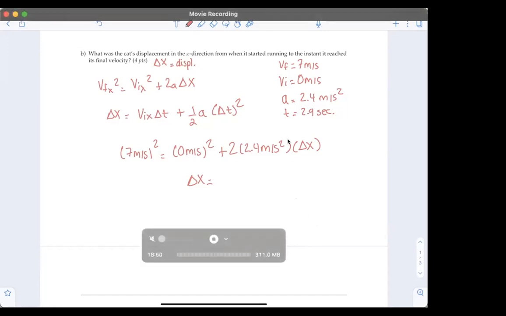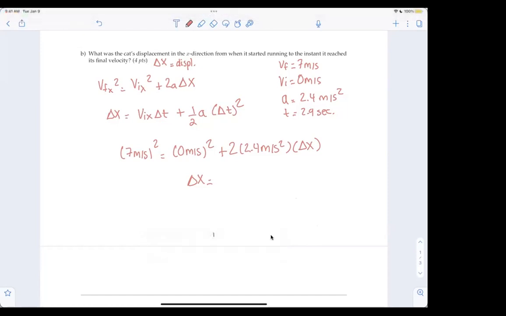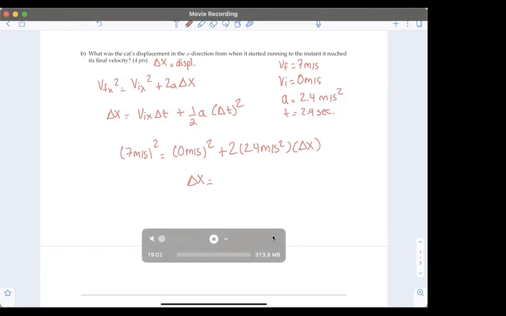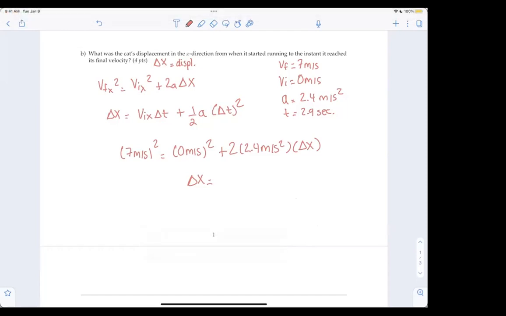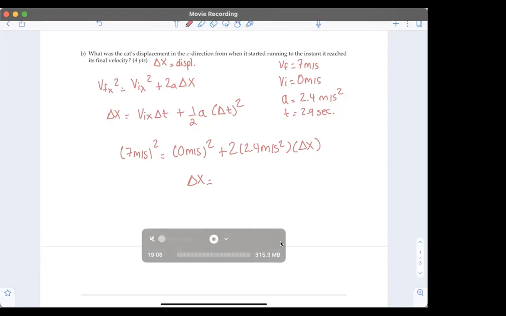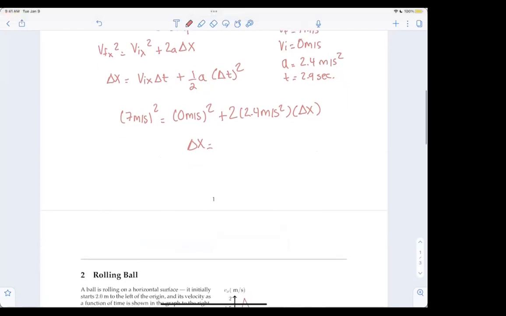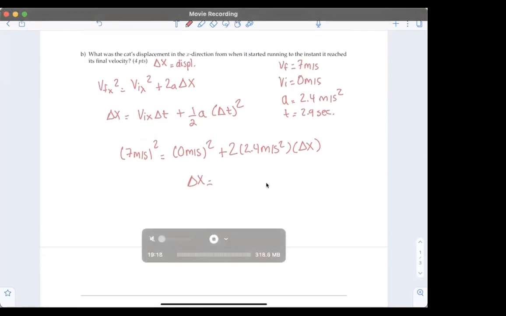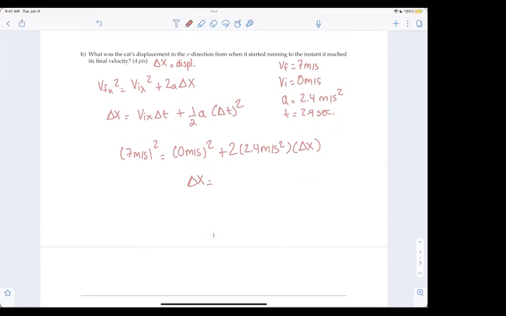Okay, anybody else got 10.2? Okay, I will go with 10.2 for the moment.